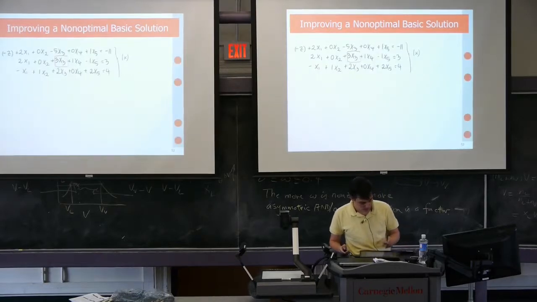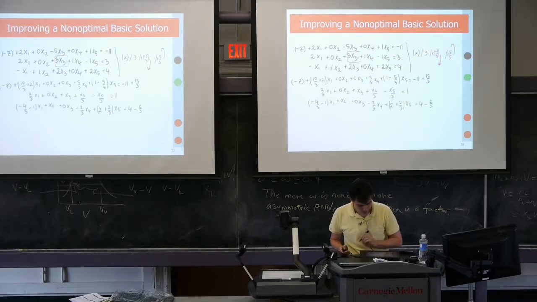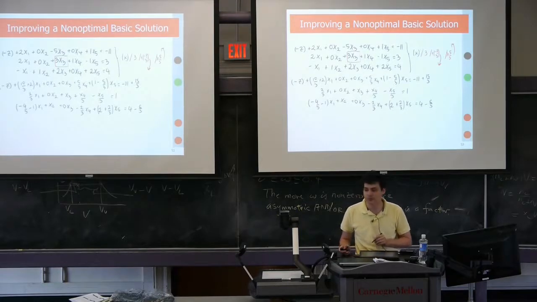You can just check this. If we pivot here, it means that we divide this equation by 3 and set these values to 0. Then this would be the system. I skip these parts, but you believe me in this, right? Good.